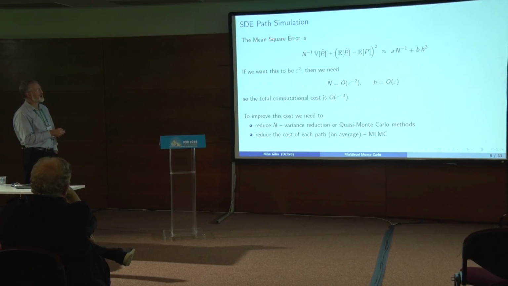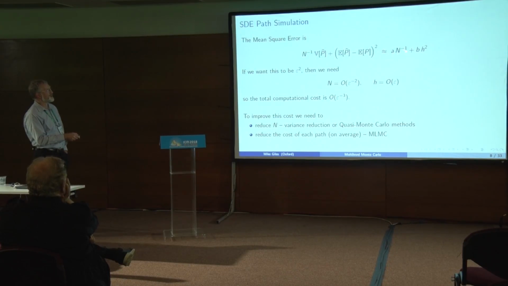Okay, so let's look at that mean square error term that I talked about before. The variance term scales like 1 over the number of path calculations we perform. The weak error I said was proportional to the time step, and so the square of that, we get an h squared here. So if we want to achieve a root mean square accuracy of epsilon, then we need the mean square error to be epsilon squared.